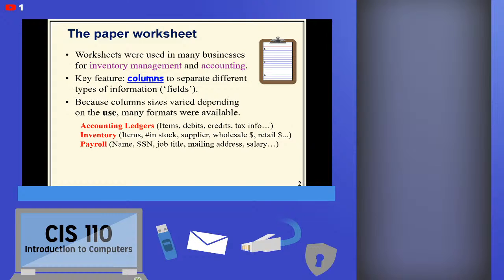So who was responsible for doing all the math? That would be you. So at the end of the day, what this paper worksheet meant was that you were doing lots of paperwork, sitting down, writing lots and lots of numbers on lots and lots of lines and lots of columns, and doing lots and lots of calculations by hand.